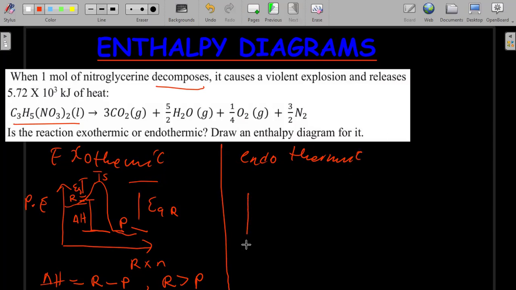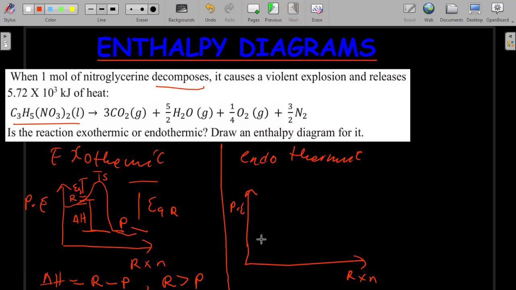You still have your y-axis where you have increase in potential energy, then you have the reaction progress here. The enthalpy diagram for an endothermic reaction is actually the opposite of the exothermic reaction. Here you notice that the reactants had greater energy compared to the products.